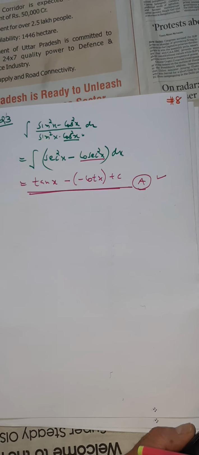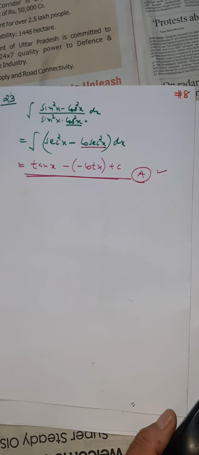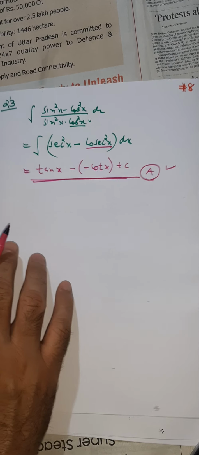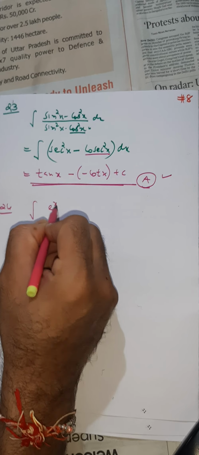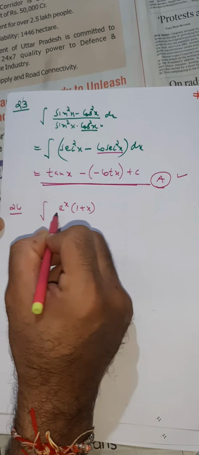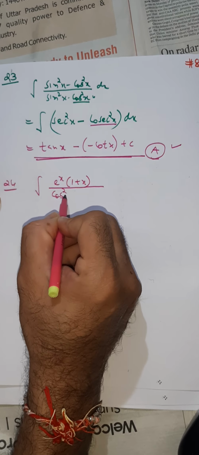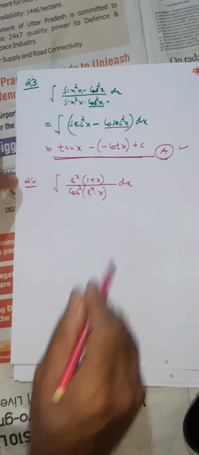Next question. In the next question you have the integral of e raised to x into 1 plus x upon cos square of e raised to x into x, dx.